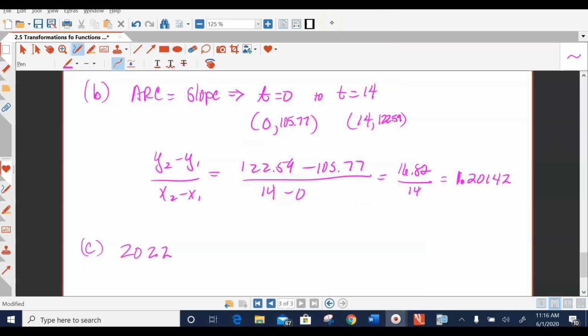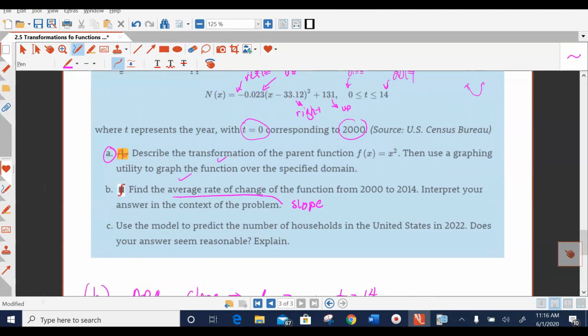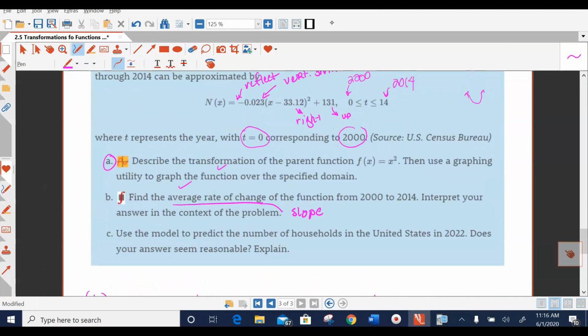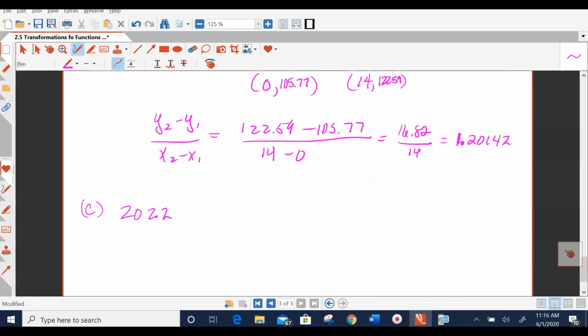Finally, we want to use this equation that basically only works from 2000 to 2014, but we want to use it to predict what might happen in 2022 and see if the number we get makes sense. So let's use that equation to find out what happens in 2022.